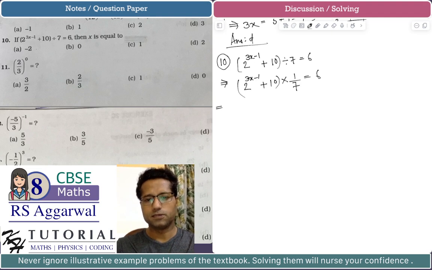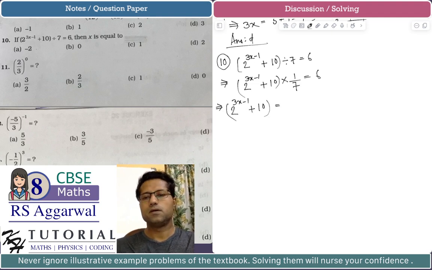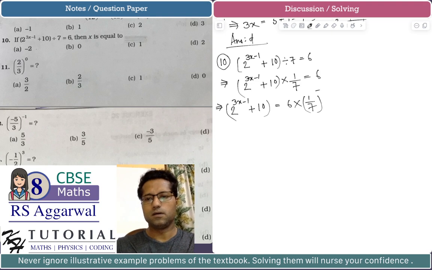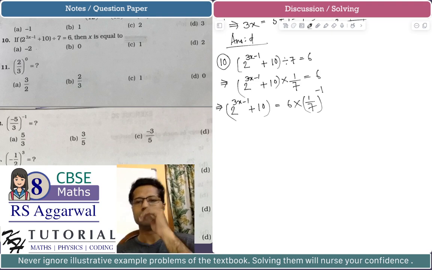Now from here I can say this implies 2 raised to the power 3x minus 1 plus 10 will be equal to 6 multiplied by the multiplicative inverse of 1 by 7.